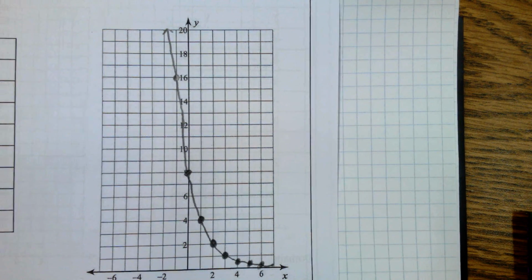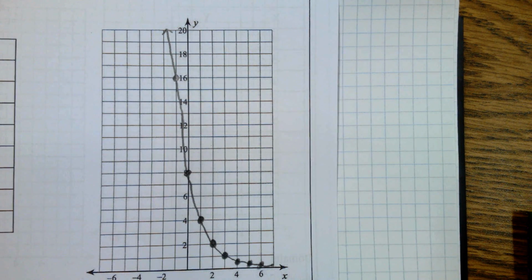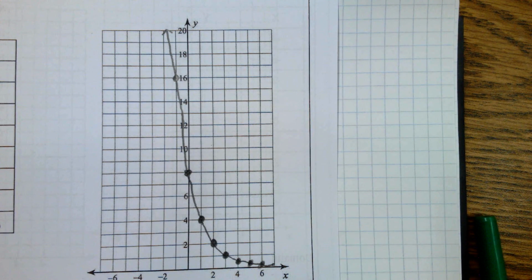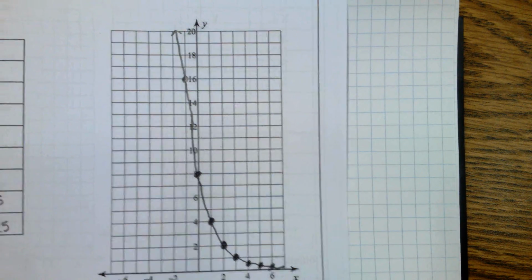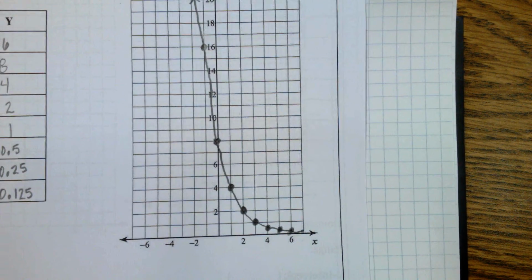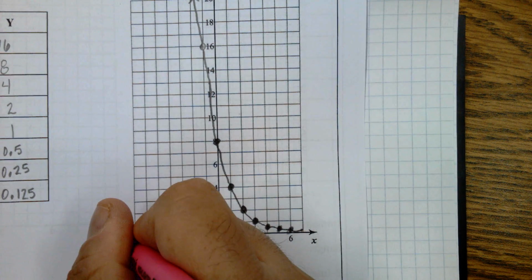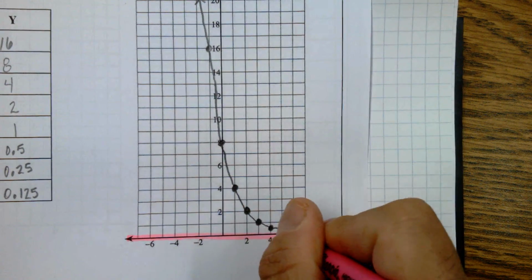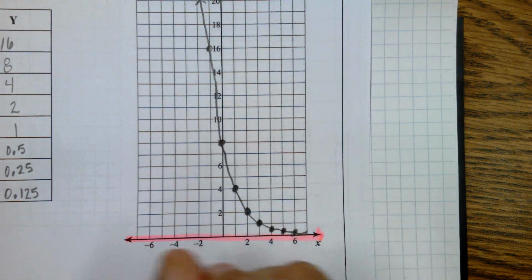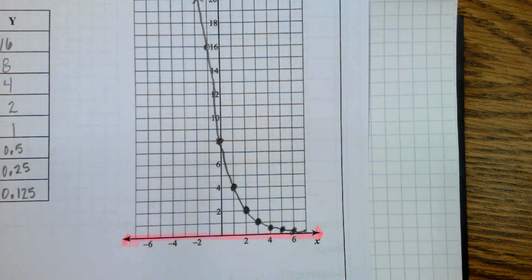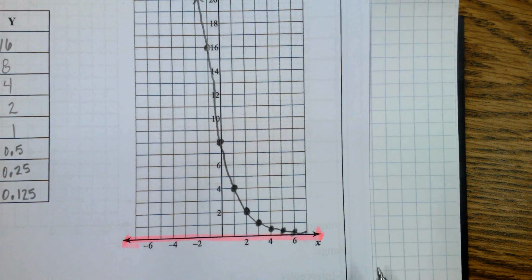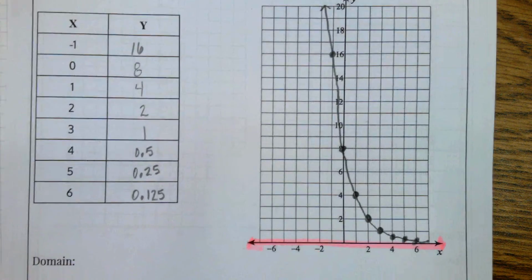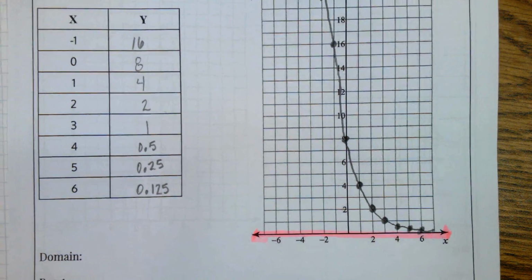So now let's talk about domain and range. So domain talks about all the possible x values. I'll highlight all the possible values for x that this would cover. Yeah, this is all real numbers. Basically, anywhere to the extreme negative or to the extreme positive, it would be covered. So this one is all real numbers.